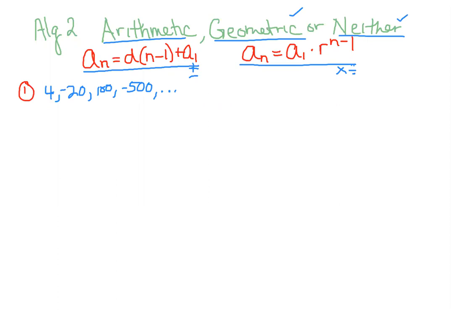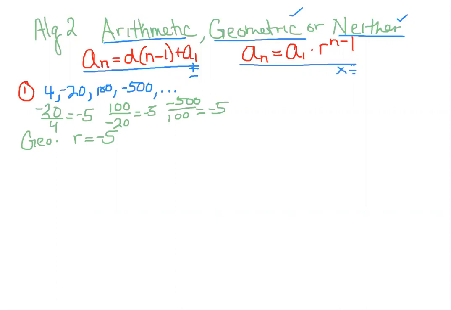To check for geometric, we would check to see if there's an R. So we'll take the second term, divide it by the first term, we get -5. Then we take the third term, divide it by that, we get -5. And doing this, we get -5. So this is geometric, and R equals -5.